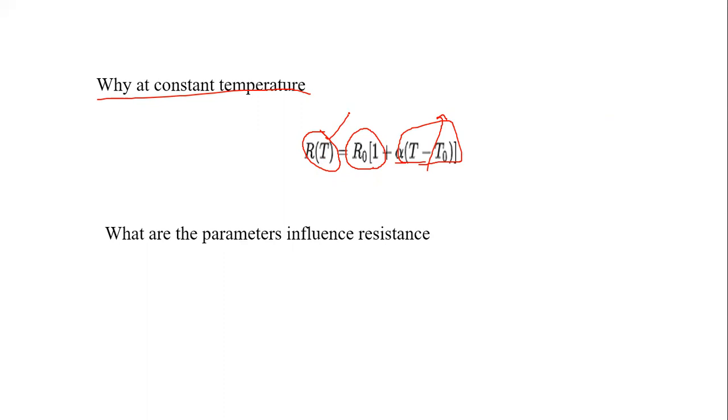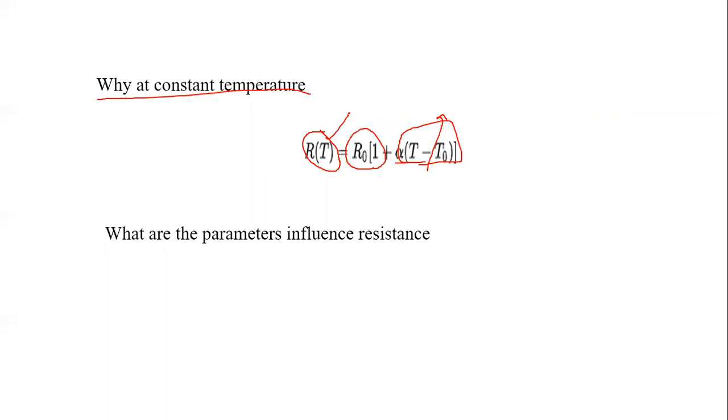There is a very simple reason for this equation. Whenever we take a conducting material and heat it, it will definitely expand. When it expands, its geometry will change, meaning the diameter will change and the length of the material will change.